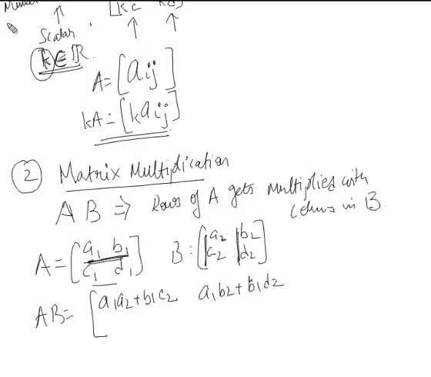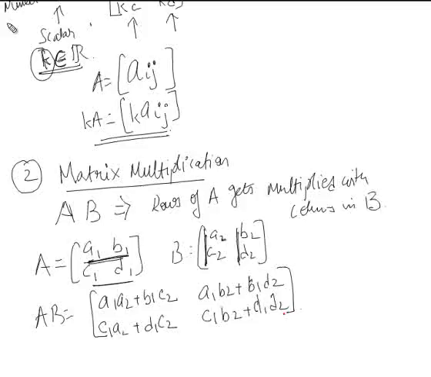Then the rows are multiplied with the columns. Correct? C1 A2 plus D1 C2. Here I will get C1 B2 plus D1 D2. This is how AB will look. Okay. This is just for example sake we did.